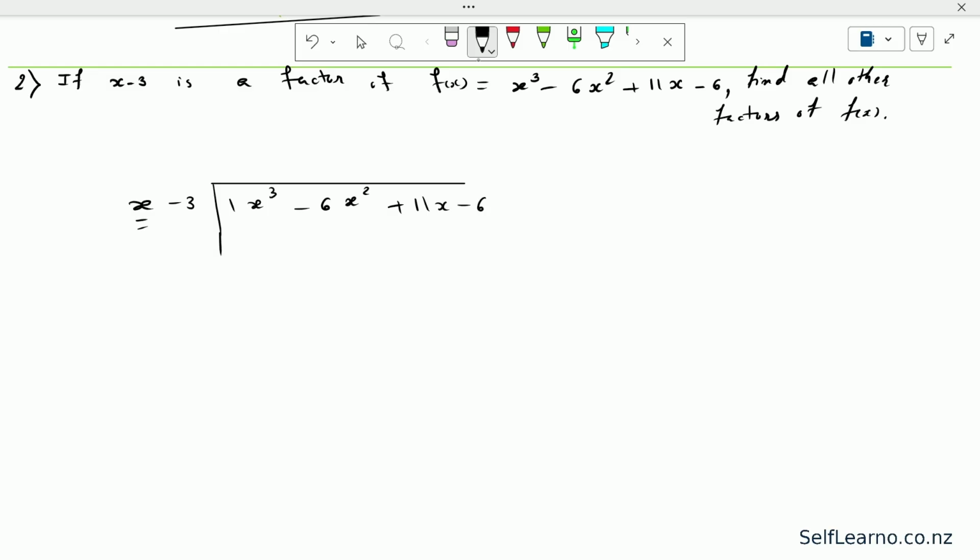I have x. I want to obtain 1x cube. So for multiplication, I must use 1x square, or you can write x square, that is fine. I get 1x cube, and this negative 3 times 1x square gives negative 3x square.